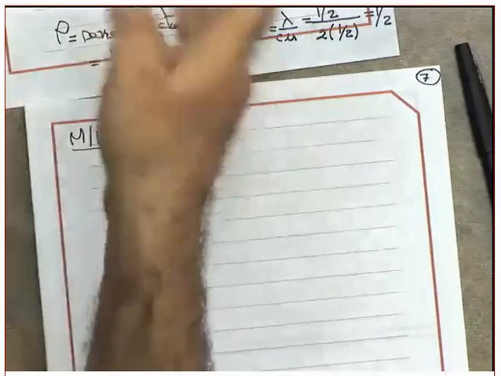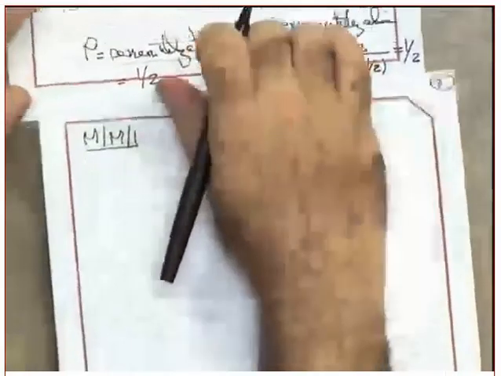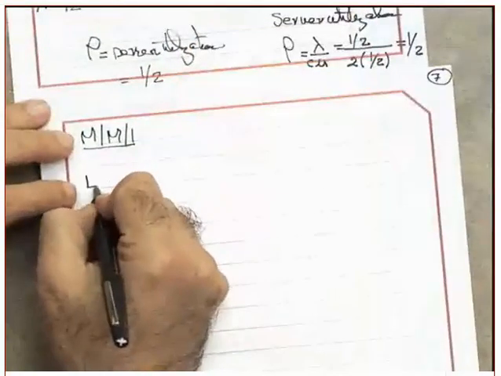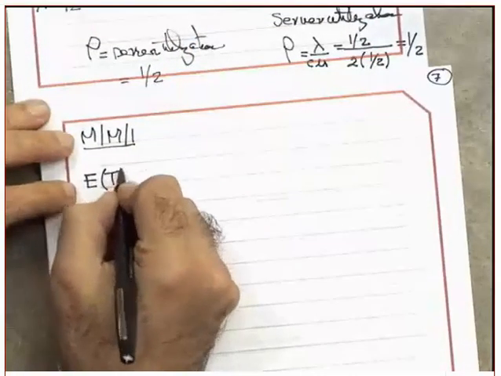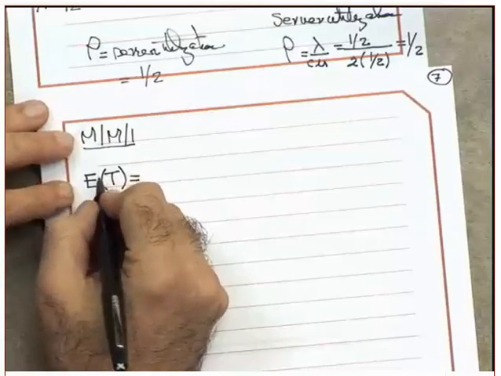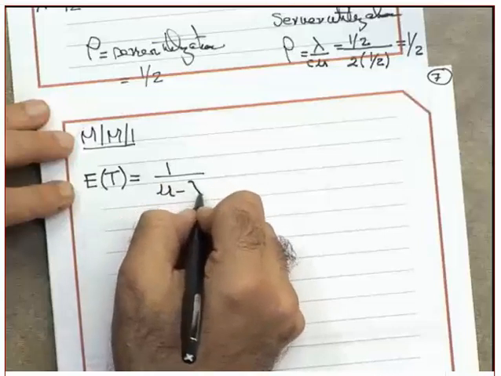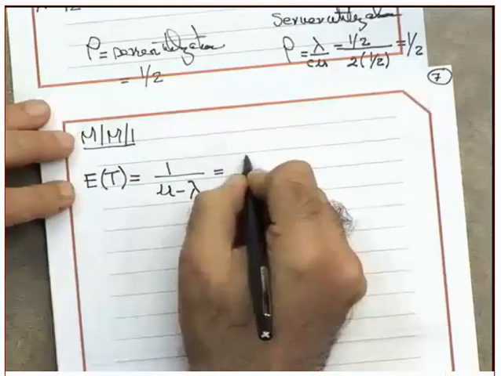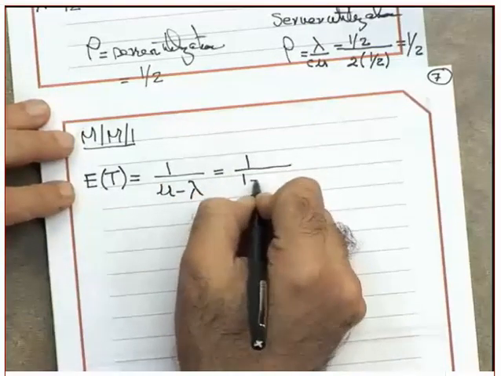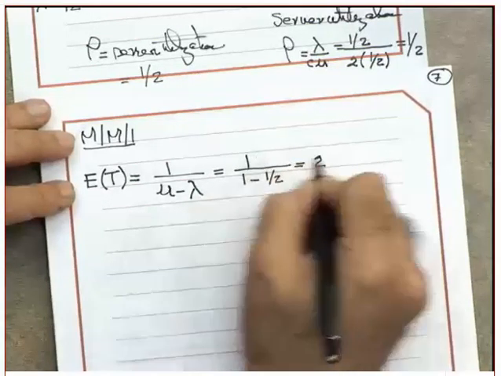Are you following? Now, this question is easy. I'll give you another question in just a second. Help me. What is E of T? Of course, you don't remember this equation because we did this one yesterday, not even today. It was 1 over mu minus lambda, which is equal to 1 over 1 minus 1/2, and that's 2 seconds.